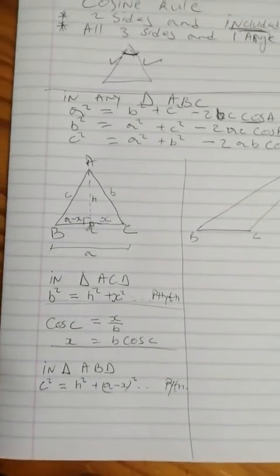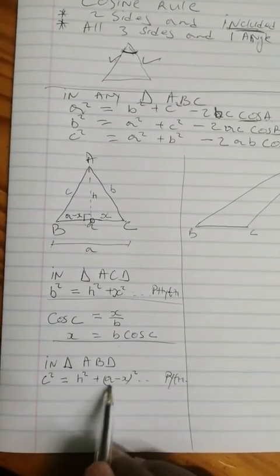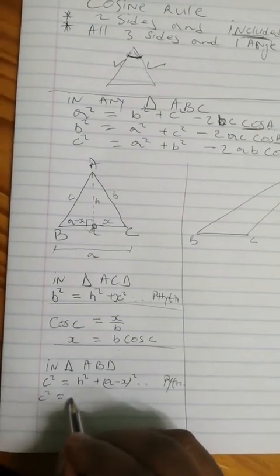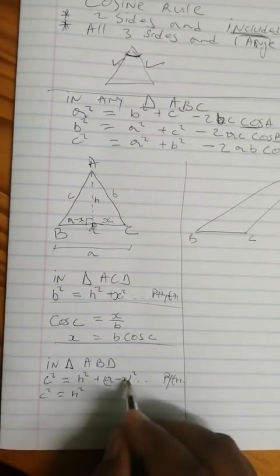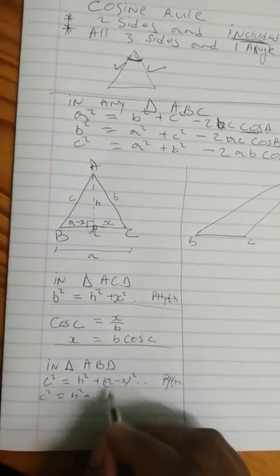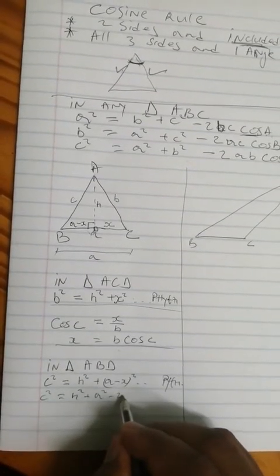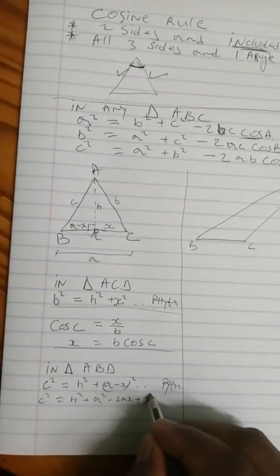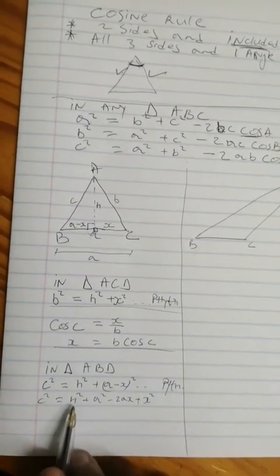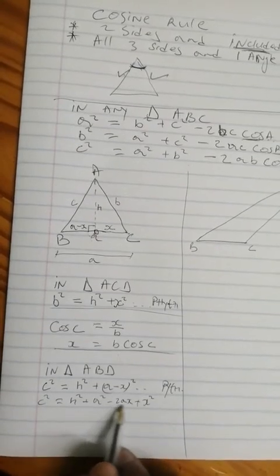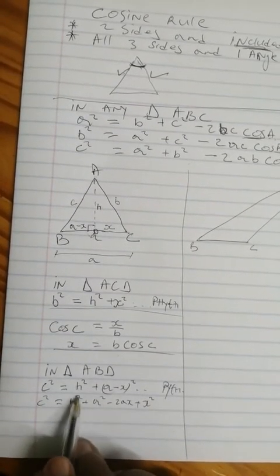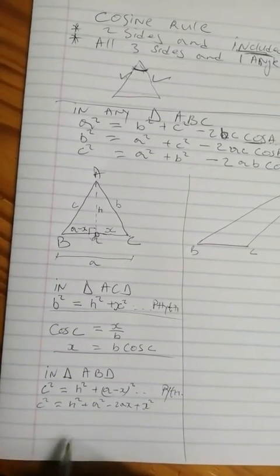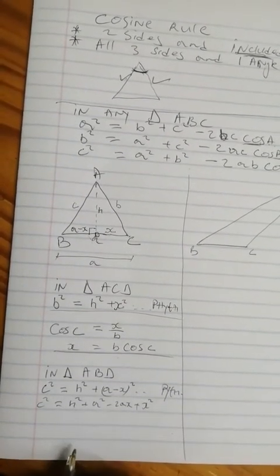All right, now let us work this out. C squared equals H squared plus the squaring of a binomial, so it will be A squared minus 2AX plus X squared. Now can you write this such that H squared and X squared are together, and also in alphabetical order?